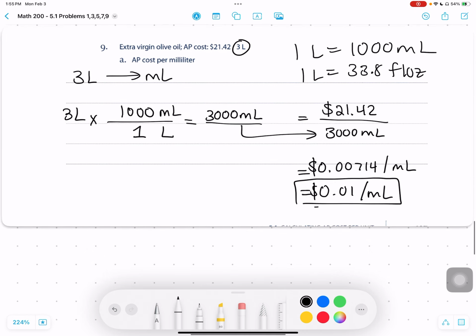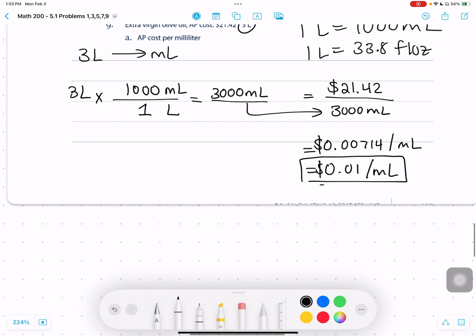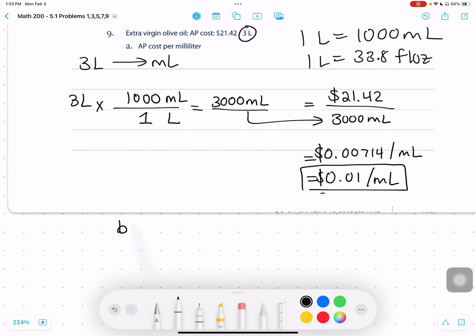And I don't have the instructions here, but I believe part B says AP cost per fluid ounce, which is a slightly larger unit than milliliters. So hopefully the price per fluid ounce is going to be a little bit larger.